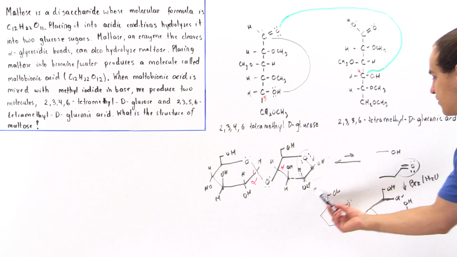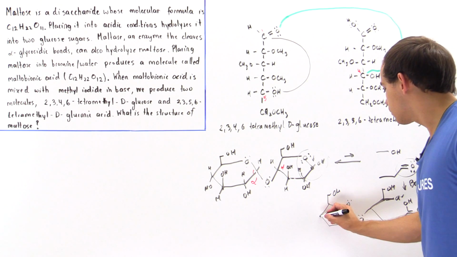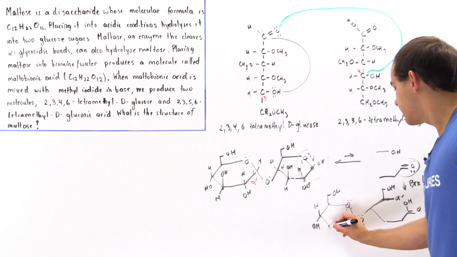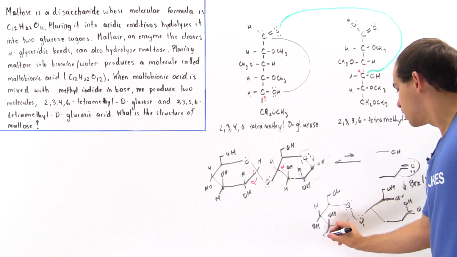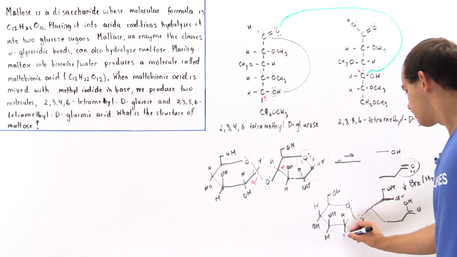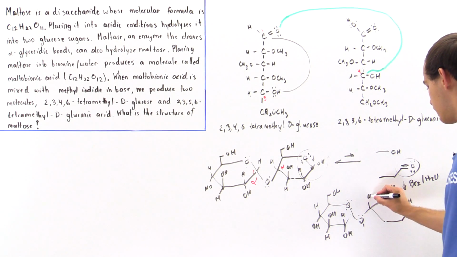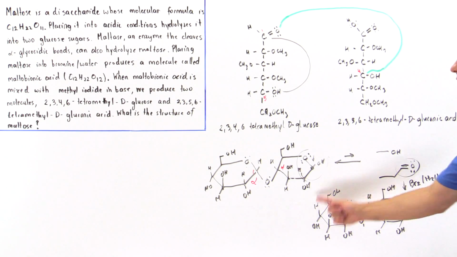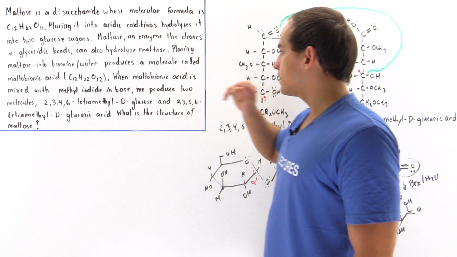Actually, let's go ahead and fill the groups because that will give us some more insight into what happens when we add the next few reagents. So, okay, this is our OH, OH, H, H, OH. Okay, so this is the maltobionic acid.